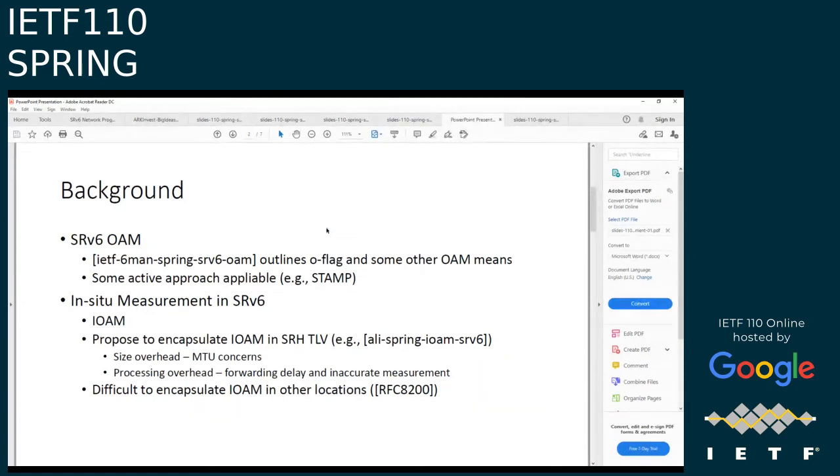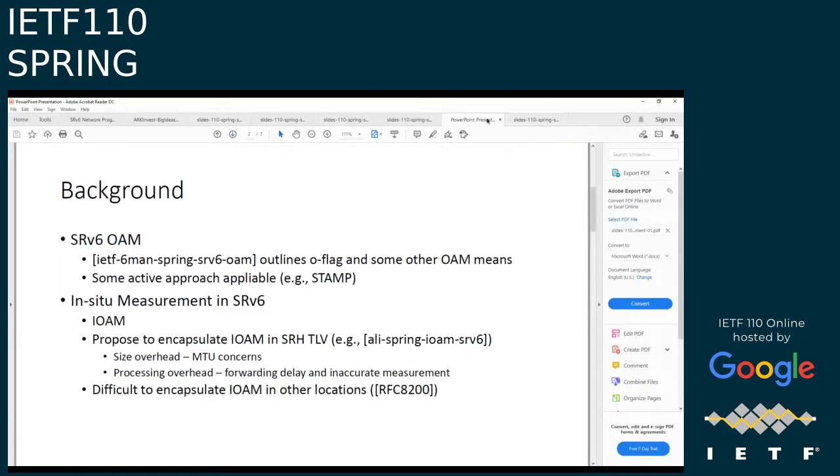And we all know there are some other standards about active approaches, which are also applicable for SRv6 OAM. But here we are talking particularly about in situ OAM measurement in SRv6.